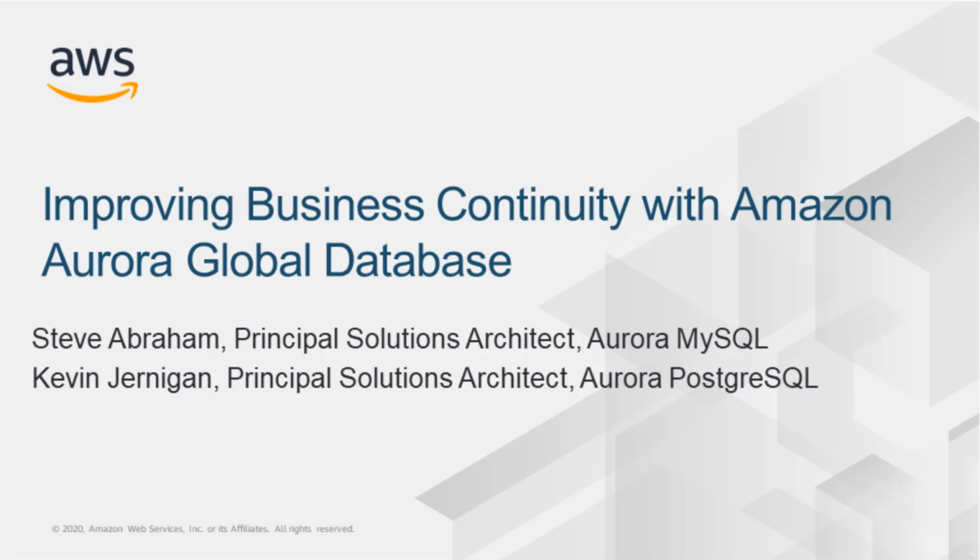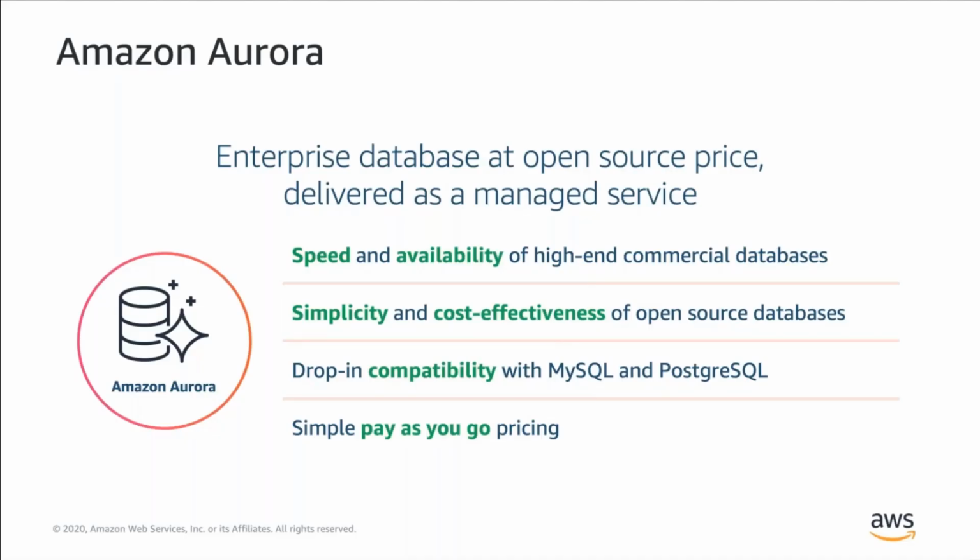Today, we're going to talk about how to optimize your business continuity strategy with Amazon Aurora Global Database. But let's start with a short background on Amazon Aurora. Aurora is an enterprise database at an open source price point that's delivered as a managed service by AWS.